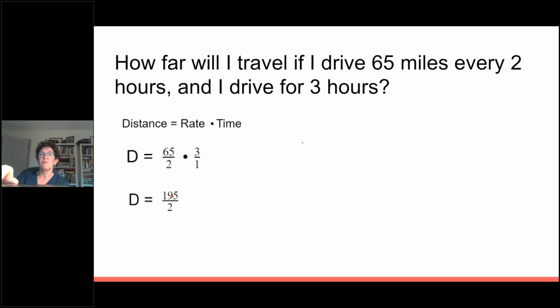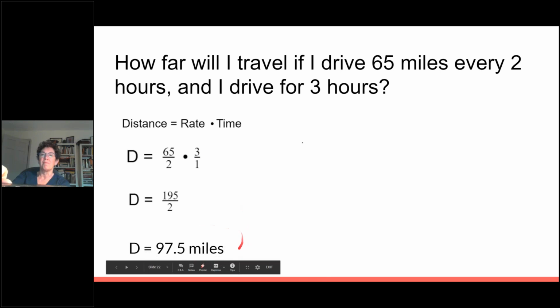We're dividing the numerator by the denominator, and we get 97.5 miles when we simplify that. Miles makes sense because the question asks us, how far will I travel? We did miles times hours and then divided by hours. So hours divided by hours equals 1, and we're left with miles.